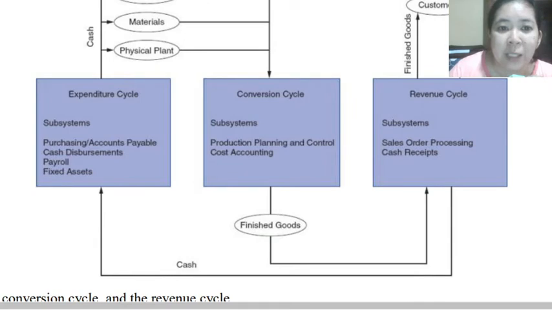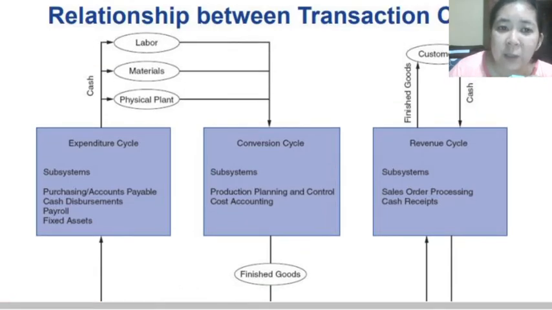So in the expenditure cycle, we mentioned that an entity needs capital. Capital normally is initially in the form of cash. They will use this to purchase the necessary materials that are needed, to pay for the labor and other assets needed for production, or in the conduct of their business activity.